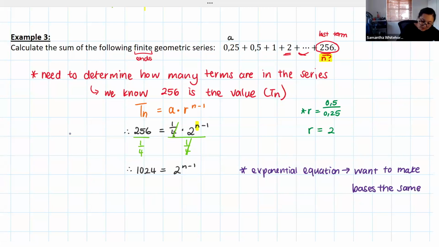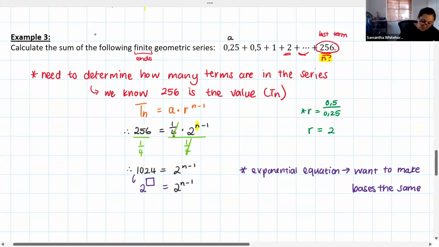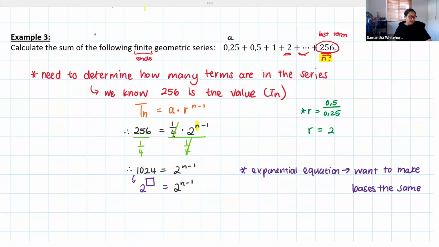So can anyone tell me what I can write 1024 as a base to the power of something so that my bases are both 2? So 2 to the power of what is equal to 1024?